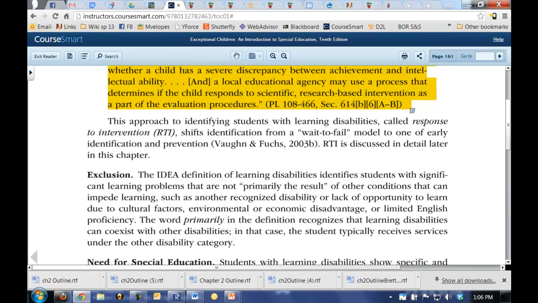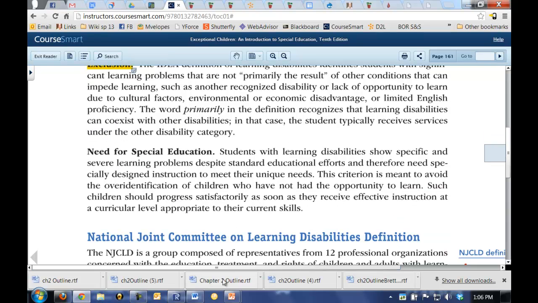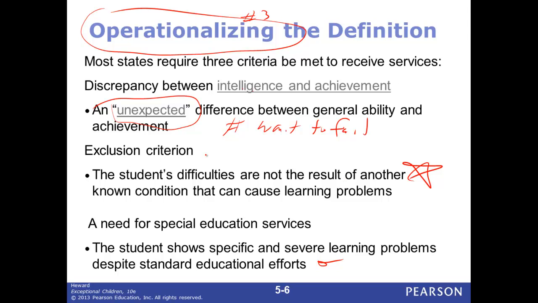In that case, the student typically receives services under that other category. But I say this is the one that gives you some heartburn, the exclusion. And so I'm going to ask you to do that here too, put the word, this will be number 5. This is number 4, this is number 5, heartburn. Put right here. That one will give you some heartburn.